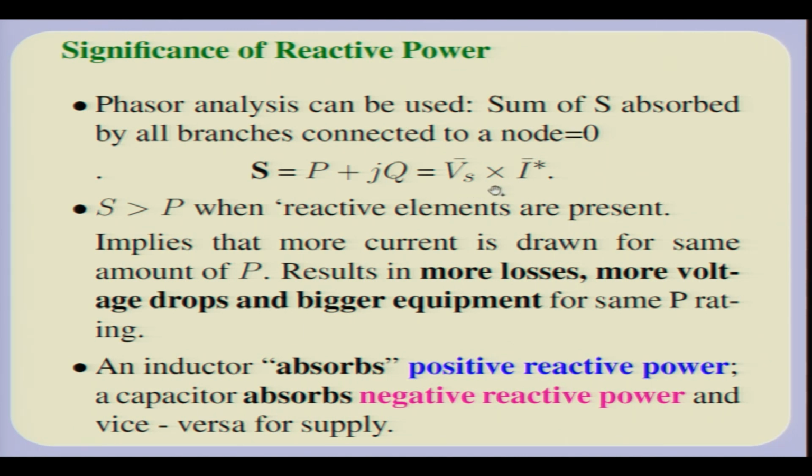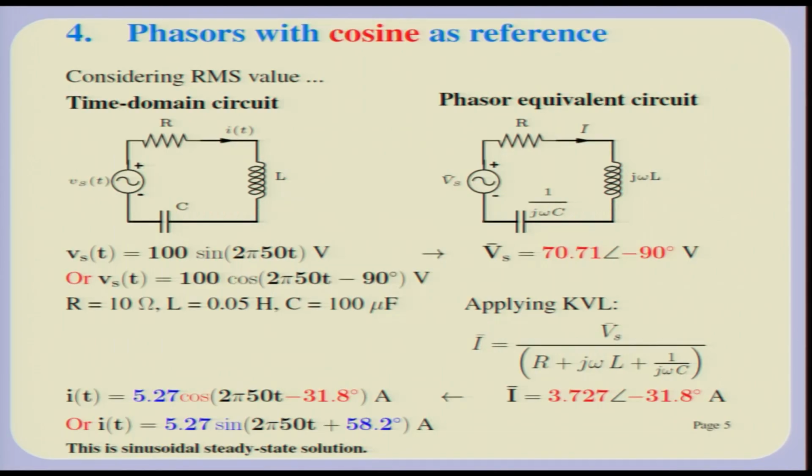Okay. So, in fact, you can easily correlate our phasor analysis to the instantaneous analysis, because S turns out to be equal to Vs into I star, where star is the conjugate of the phasor. Okay. So, you will find that if Vs is like 100 angle 0 and Is is what we got, 5 angle 58, like, can we go to that circuit which we wrote in the beginning.